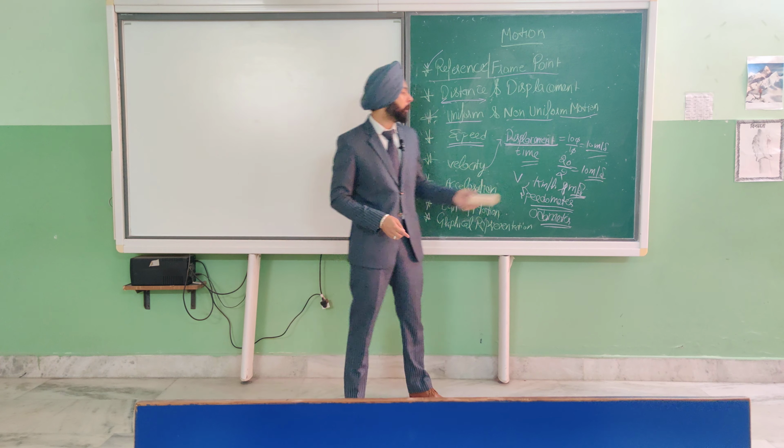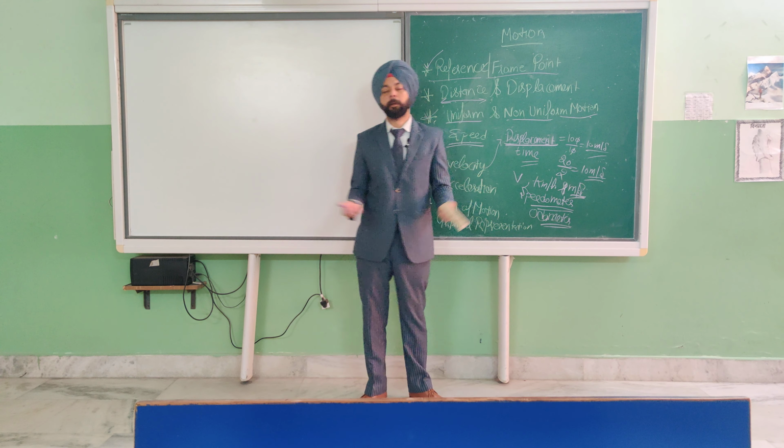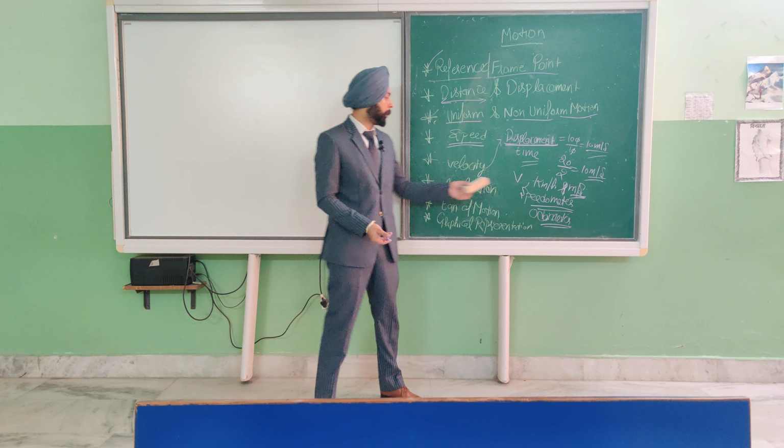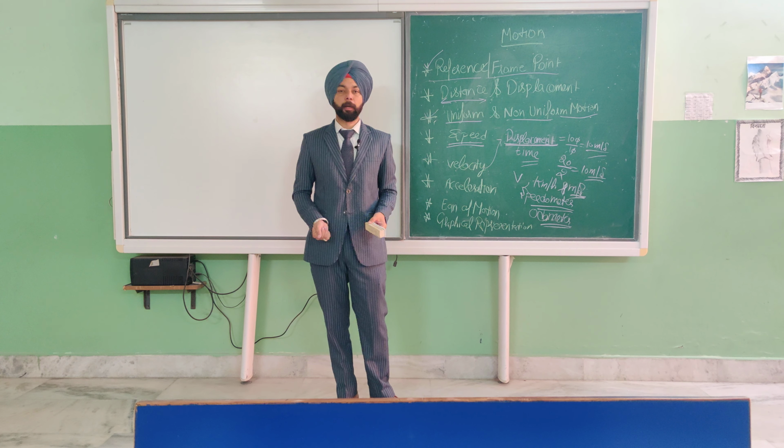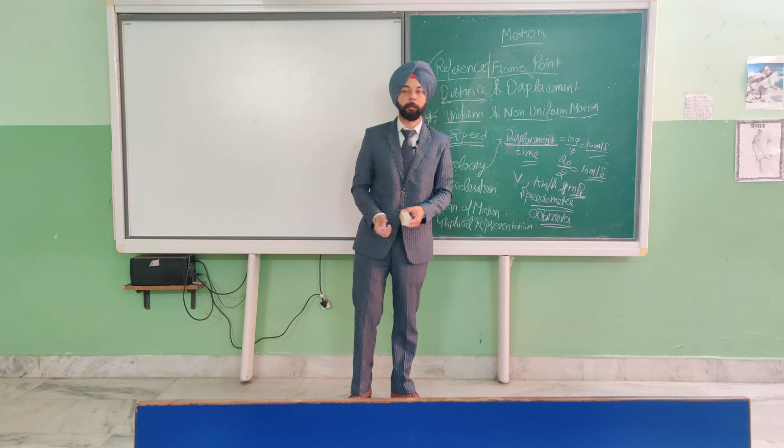So again the example is the same, 100 by 10, and it is also denoted by V. The units are also the same, kilometer per hour and meter per second.